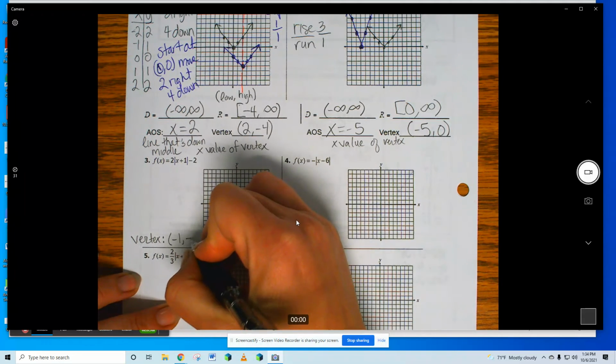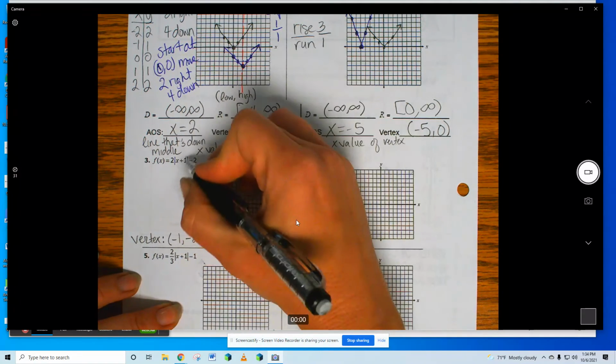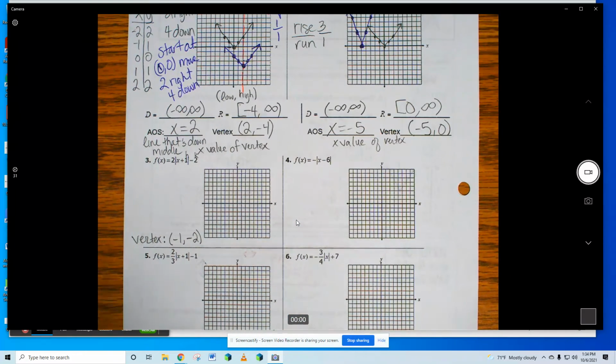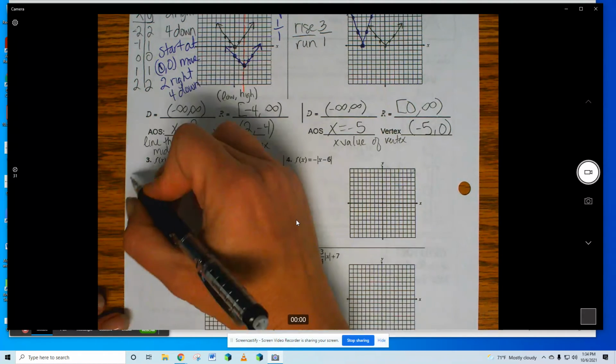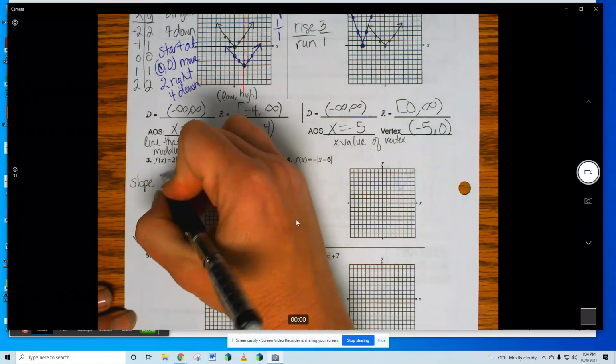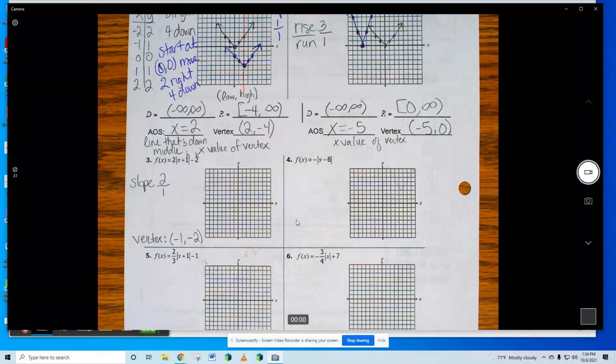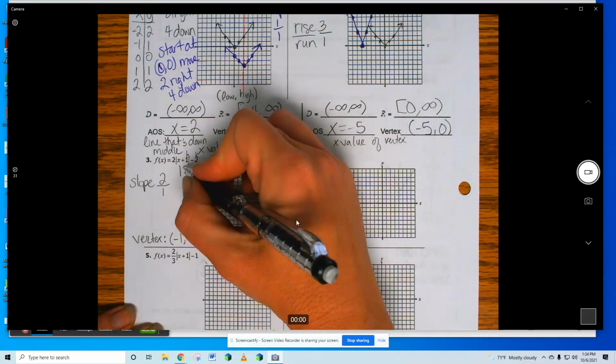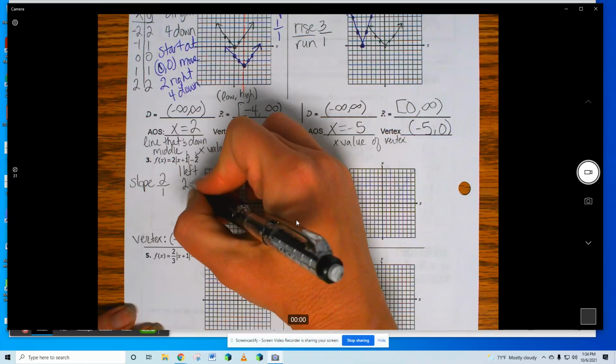So my vertex is -1, -2. HK, right? I'm on number 3. Let's do number 3. And my slope is 2/1. So first I need to draw my parent function, and then I need to draw my new one. 1 left, 2 down.